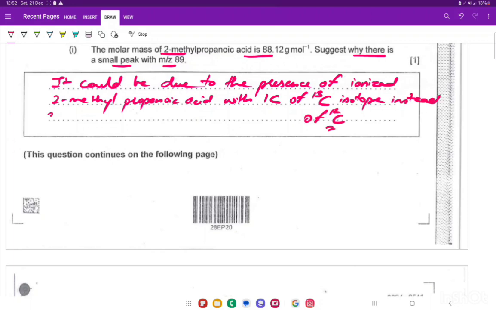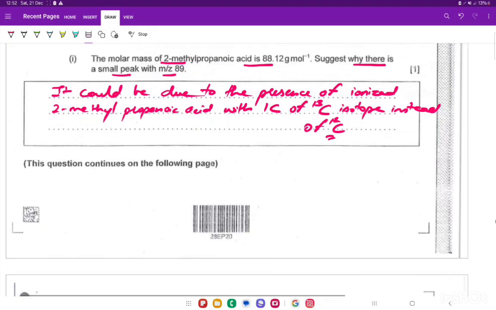That's why it will have a slightly higher m/z than the actual molar mass. That will be the answer for this question.